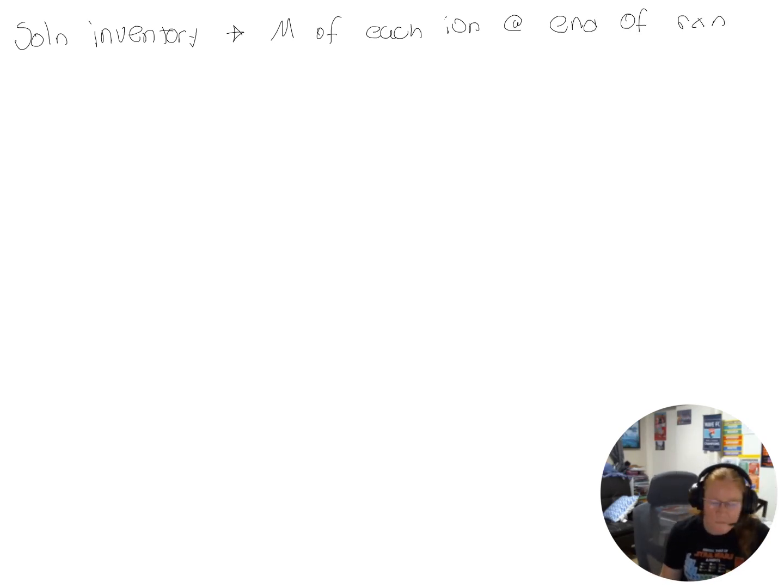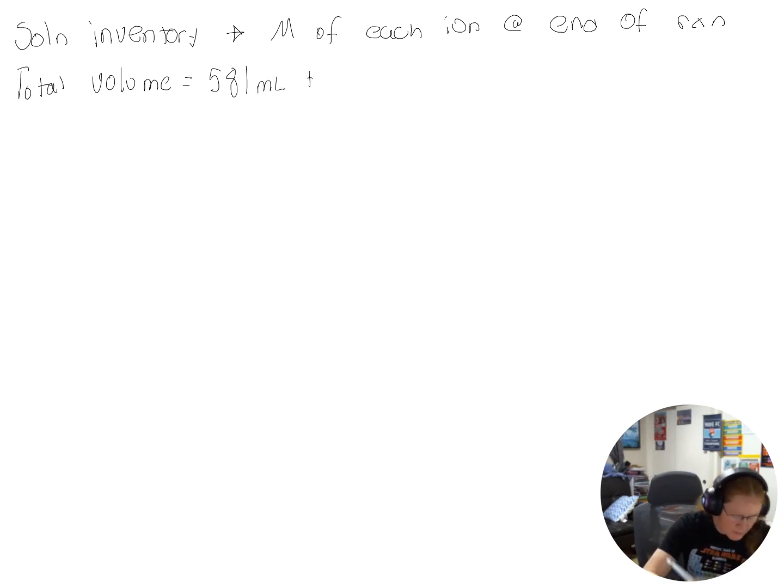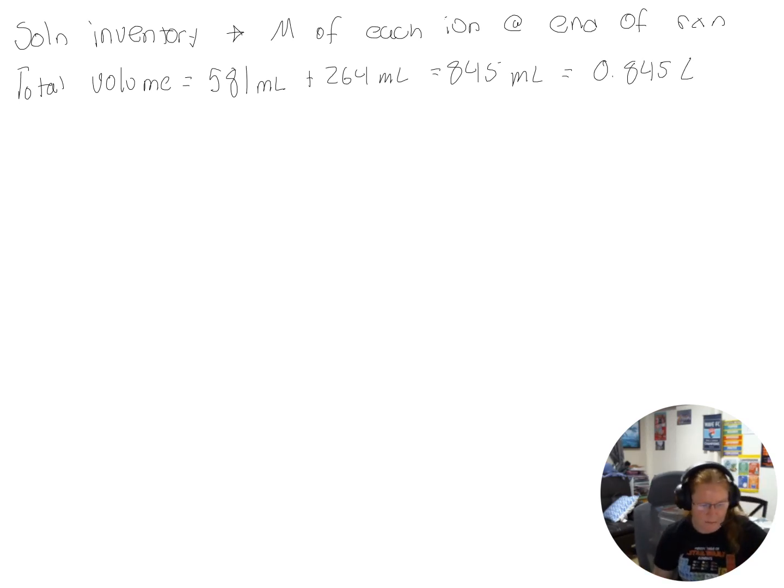Okay, so first we need the total volume. All right, we mixed 581 milliliters of our barium nitrate solution with 264 milliliters of our potassium sulfate solution, which gave us 845 milliliters. We're doing molarity, so we need liters, so we got 0.845 liters of solution total.